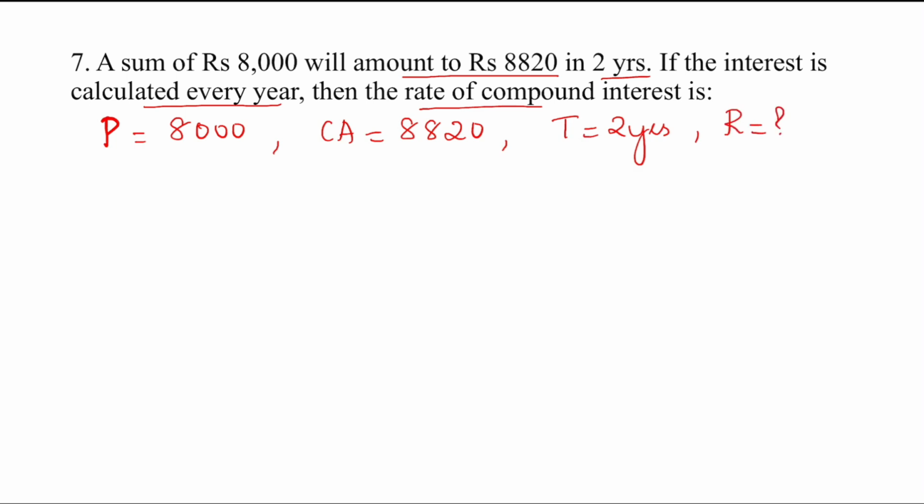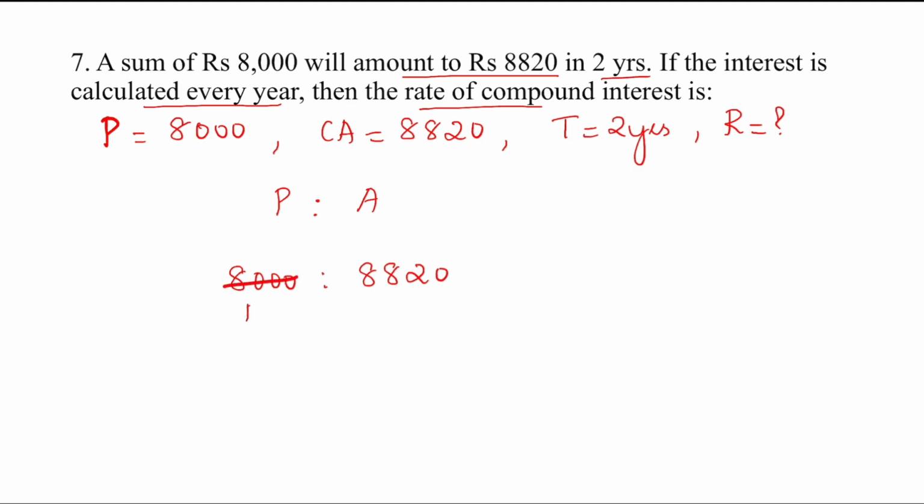Okay, now the ratio between principal and amount is how much? It is 8,000 is to 8,820, isn't it? But this is not easy to find the ratio. So what we can do? We can simplify it.